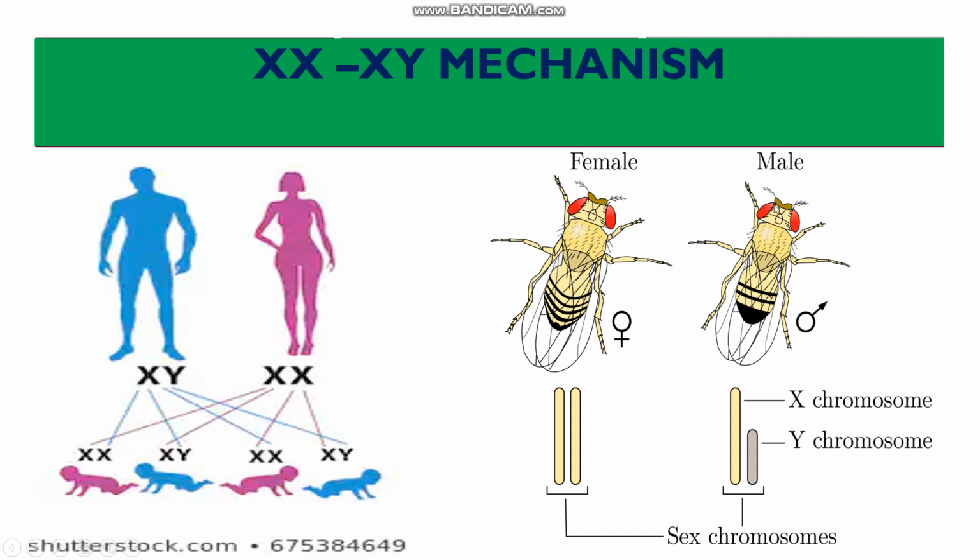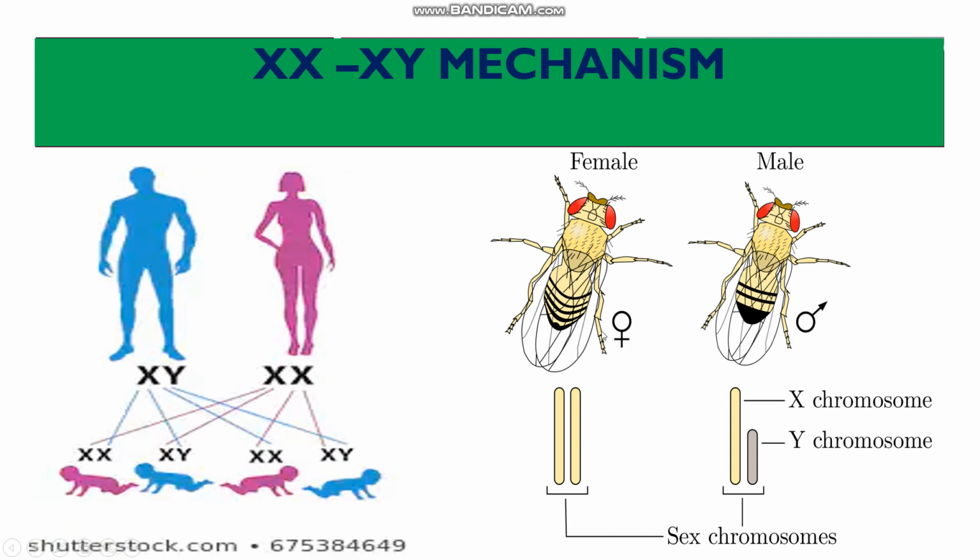Similarly in Drosophila, females are homogametic and the sex chromosomes are XX. And the males are heterogametic carrying XY chromosomes. When the X chromosome of the female fuses with the X chromosome of the male, you get an XX individual, which is a female.